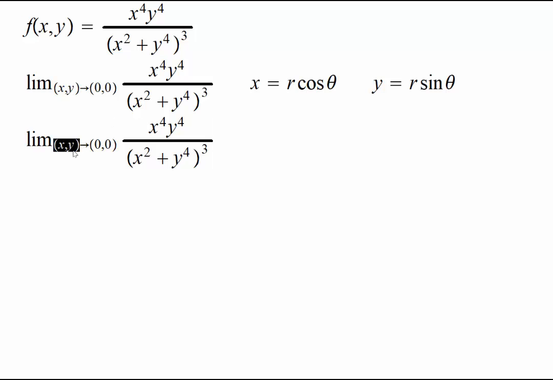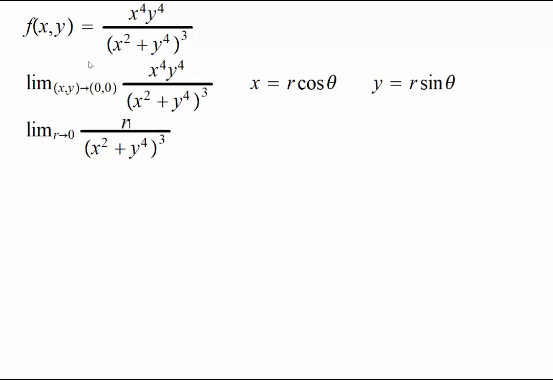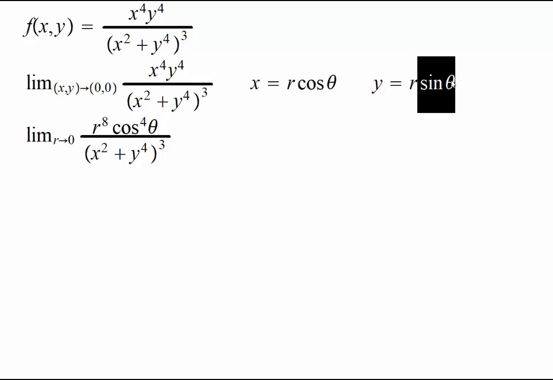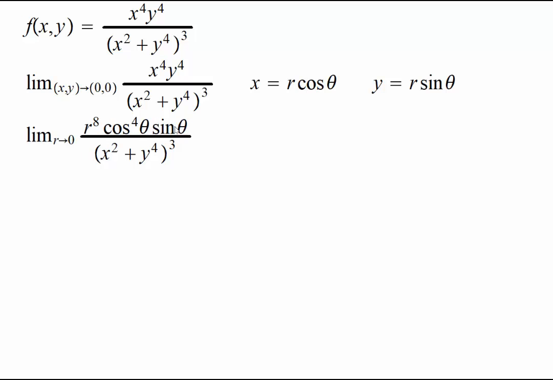And then we have r cosine theta, r sine theta, so we will get r to the power 8 upstairs. And then we shall have cosine theta to the power 4 times sine theta to the power 4. But anyways, so this is what we have, 8, no, sorry, 4 here.